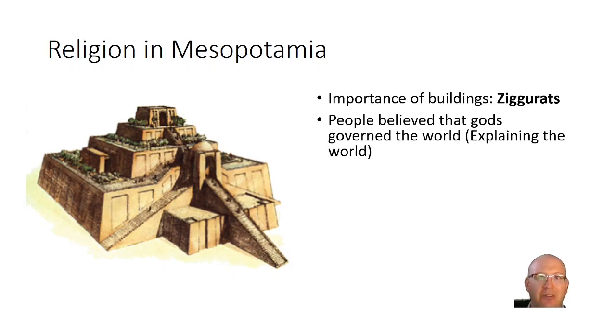And in a sense, for us, you kind of have a choice. If you want to be a religious person, you can. If you don't, you can still explain why things happen, right? You can say, well, it rains because of certain atmospheric conditions. But in this time period, there was no real alternate explanation. Why does it rain? Well, it's the gods. Why does anything happen?